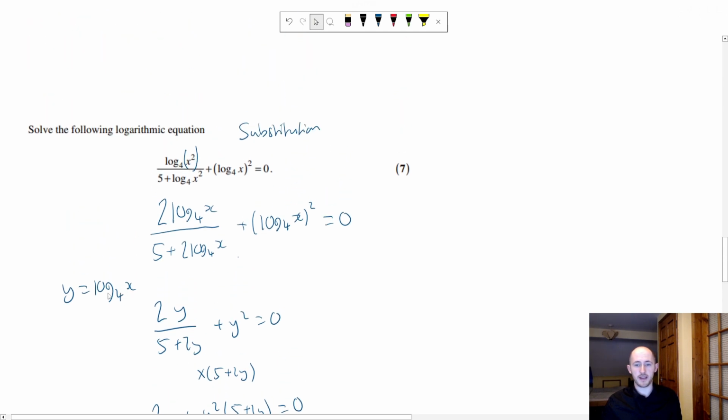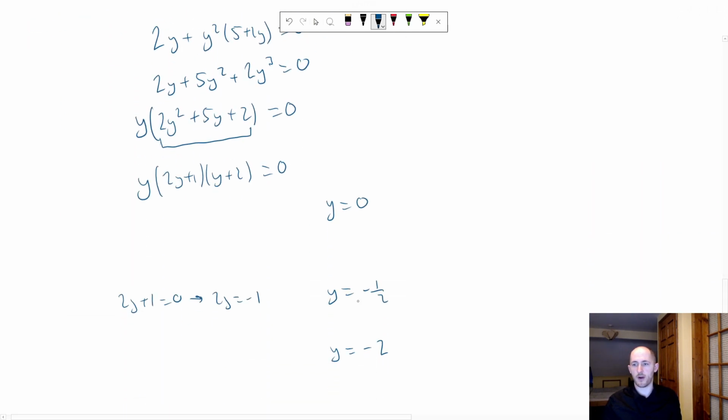So now we have log base 4 of x equals 0, log base 4 of x equals negative a half, and log base 4 of x equals negative 2.